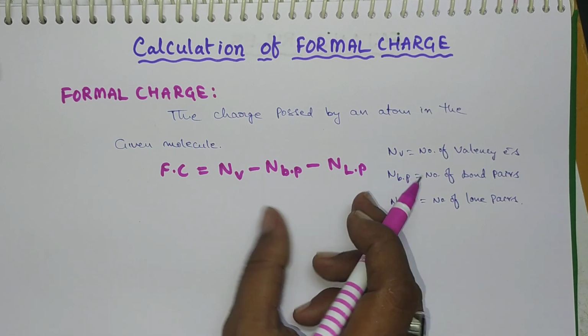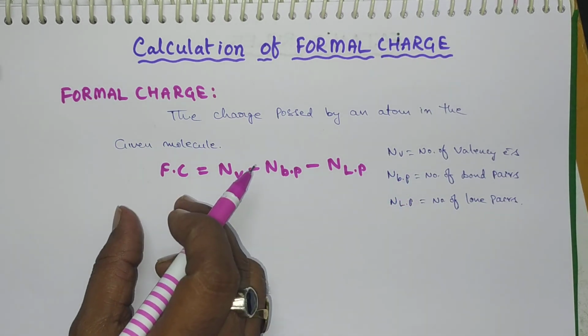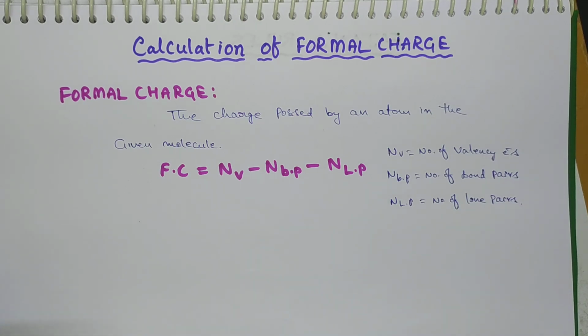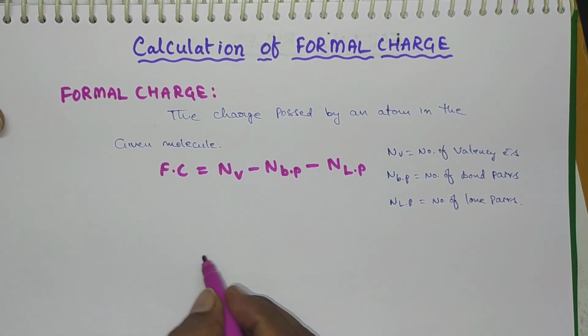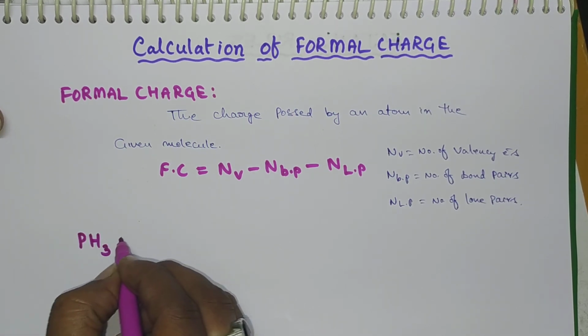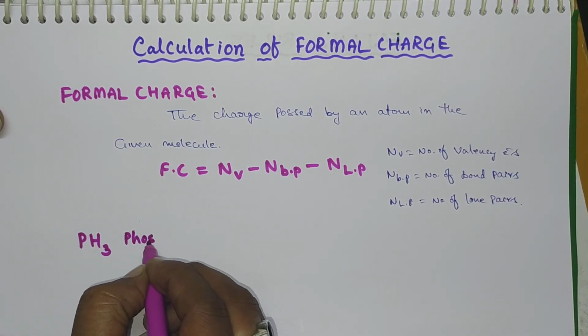So, by calculating this value, we can identify the formal charge for the given element in the given molecule. Let us consider an example, PH3. PH3 means phosphine.